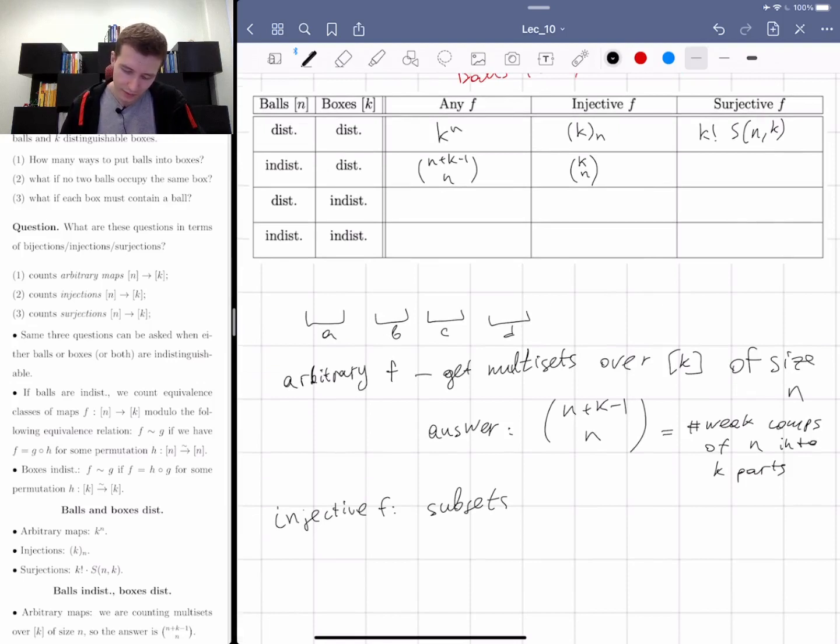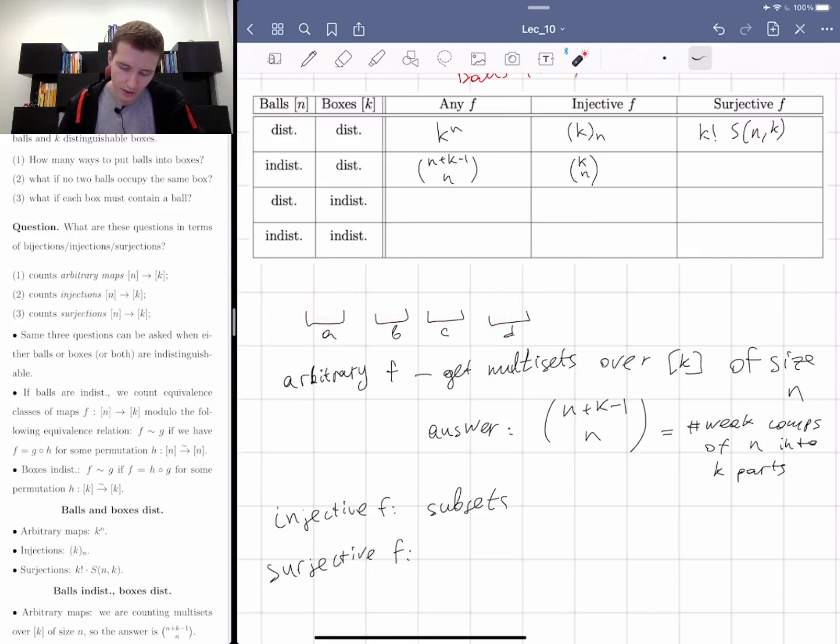And finally, if you want f to be surjective, then there is at least one ball in each box. But other than that, you can put an arbitrary number of balls on top of that one ball.